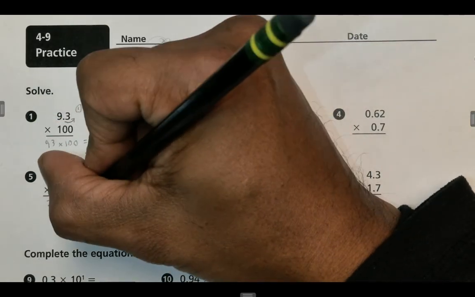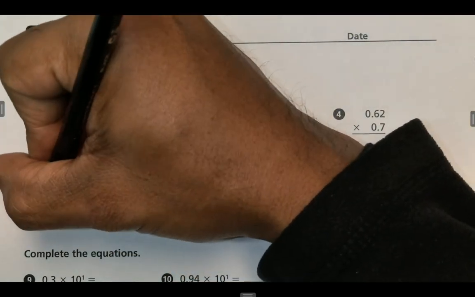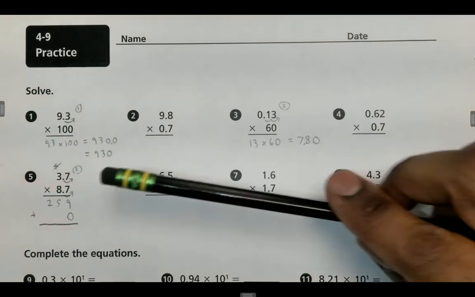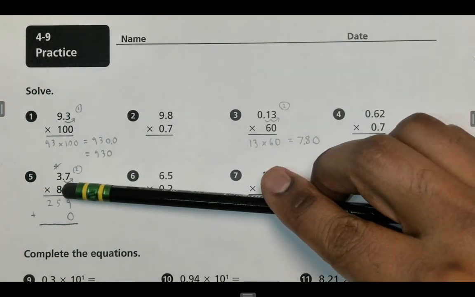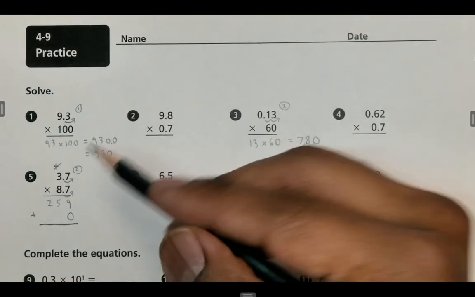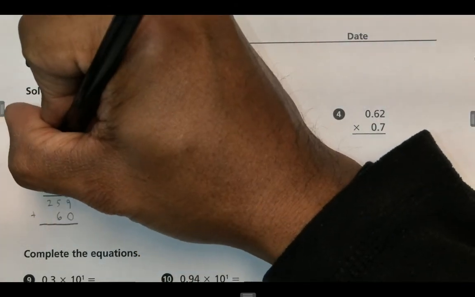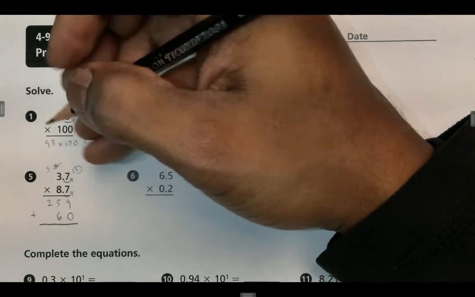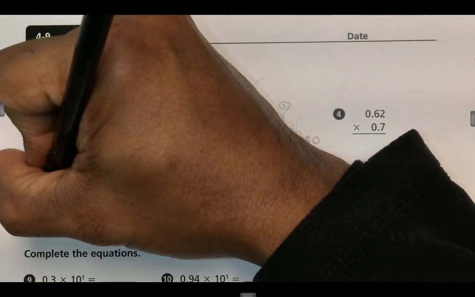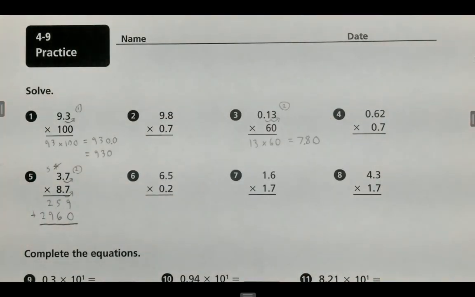First row is complete. Let's put our 0 placeholder down. Second row, it's 37 multiplied by 8. 8 times 7 is 56. 6 comes down, 5 gets carried. 8 times 3 is 24, plus the 5 is 29.